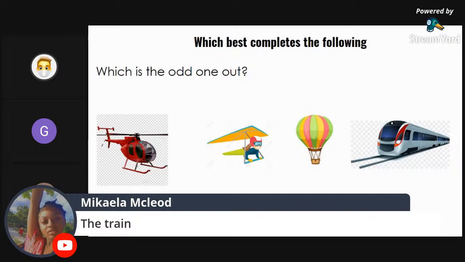All right, so let's see. MacLeod says the train. MacLeod, why is the train the odd one out? Drop your response in the chat.